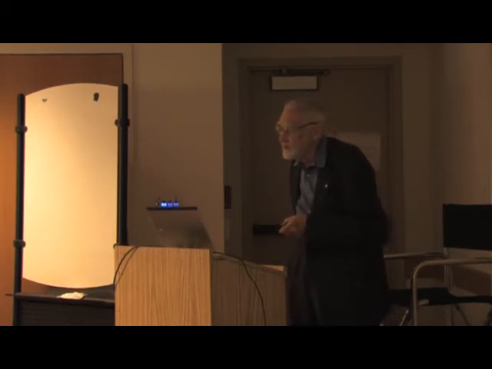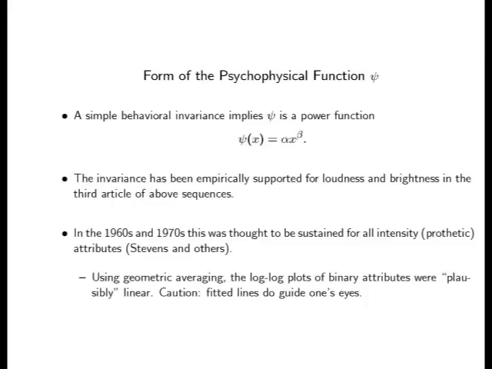We were able to show a behavioral invariance, that I won't bother to state, that led to a power function, the sort of thing that Smitty Stevens was pressing for a quarter of a century or more. Stevens felt that this power function representation applied to all so-called prothetic dimensions, the subjective intensity dimensions.